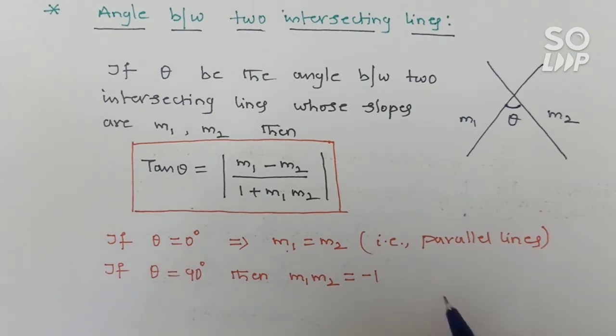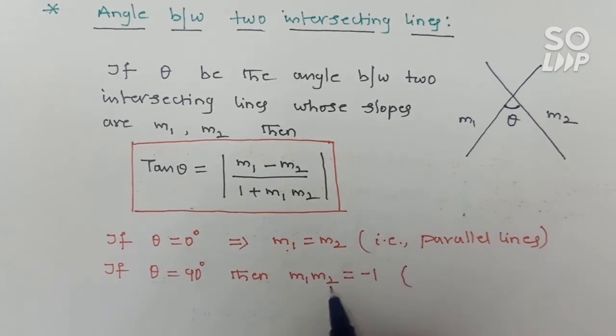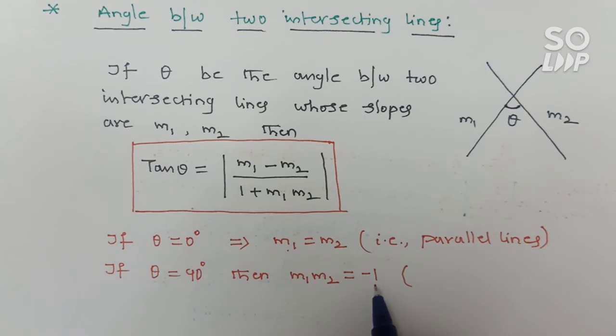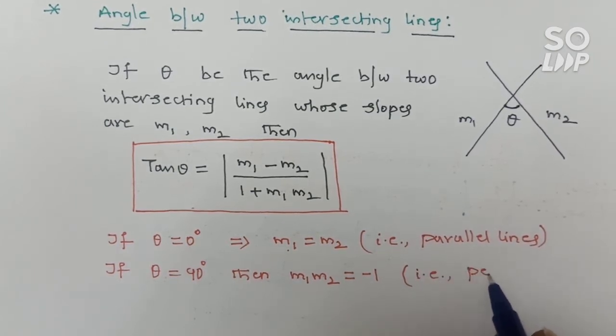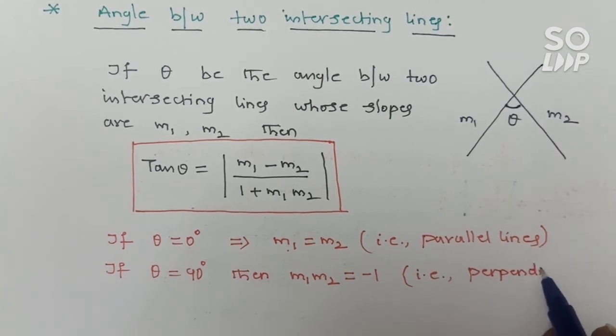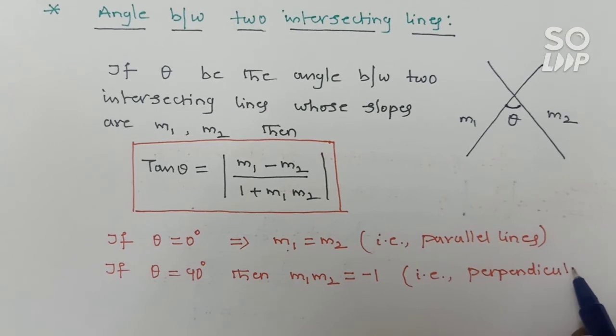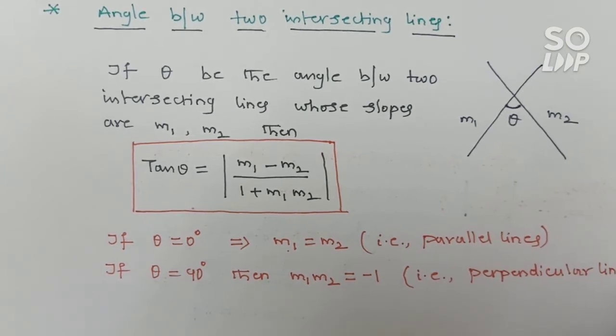If those two lines are perpendicular. So m1 into m2 is equal to minus 1 represents the condition for perpendicular lines.